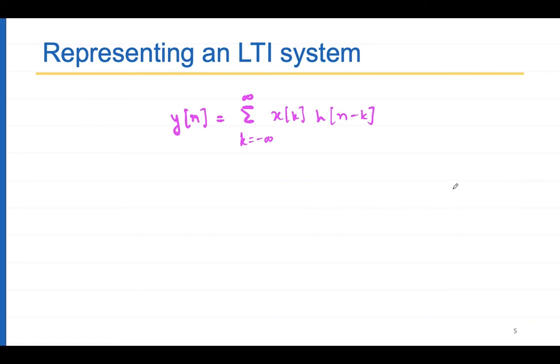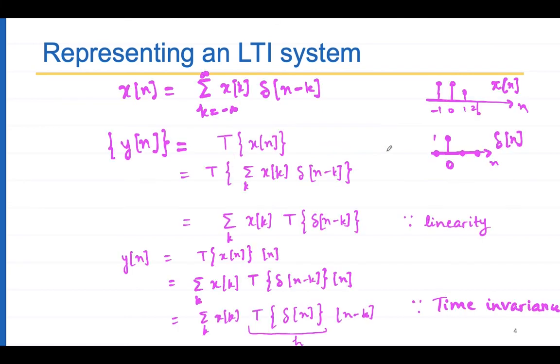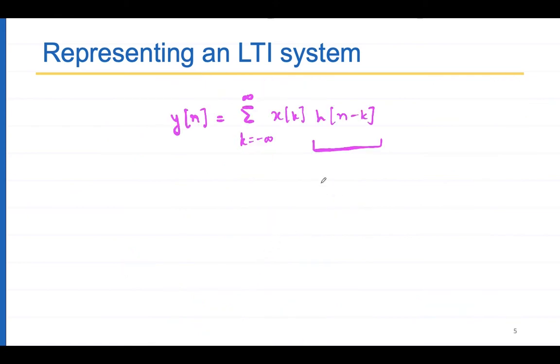So this is an LTI system. You can see that the LTI system can be represented just by specifying h of n minus k. h of n minus k is simply the impulse response.